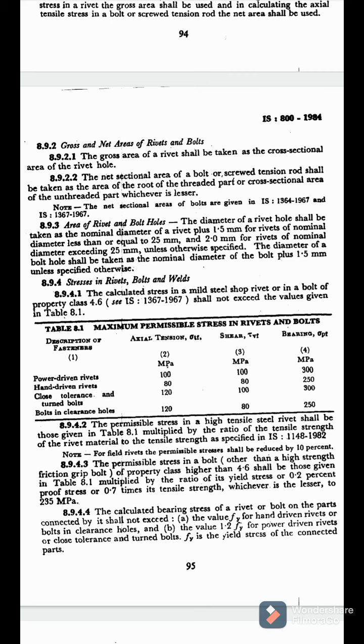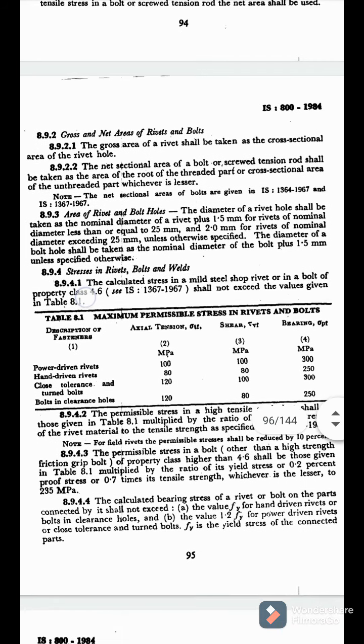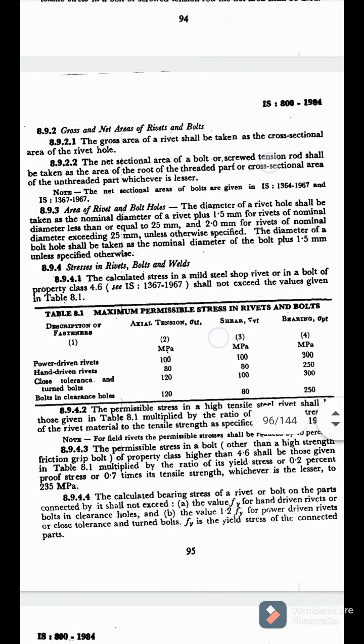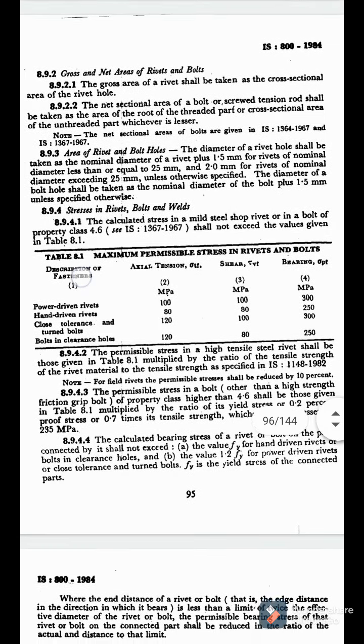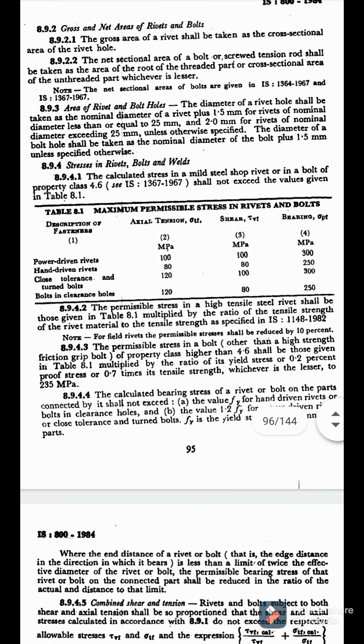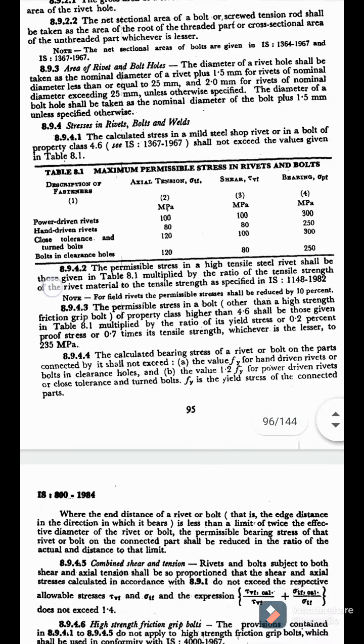The net sectional area of a bolt or screwed tension rod shall be taken as the area at the root of the threaded part or the gross cross-sectional area of the unthreaded part, whichever is less. Okay, we will explain later. Now area of rivet. Okay, permissible stress already discussed.